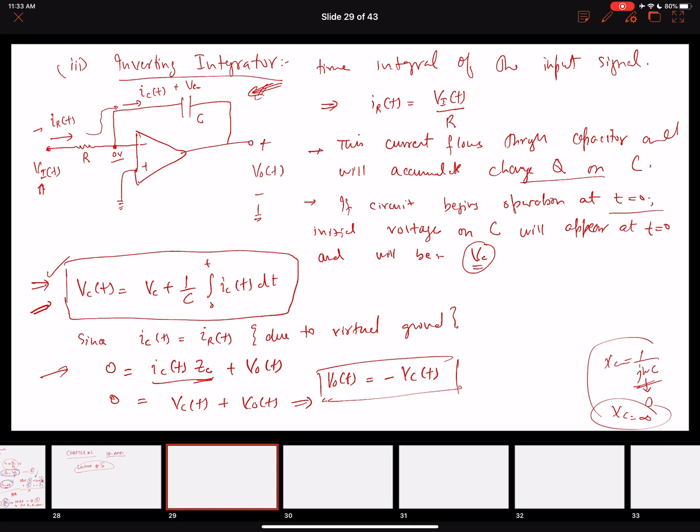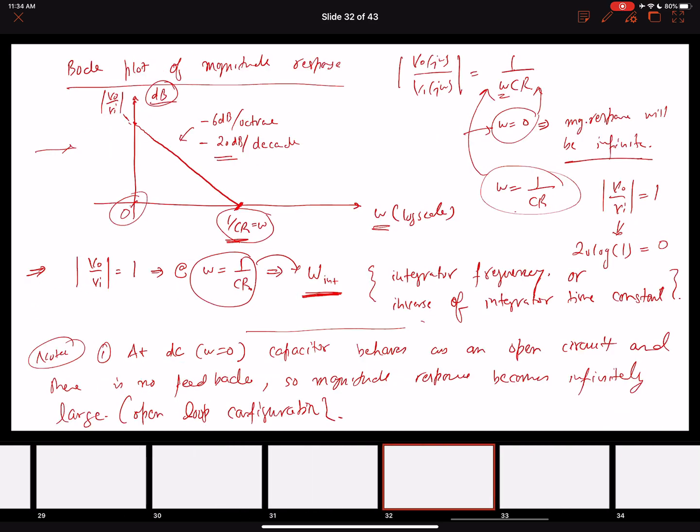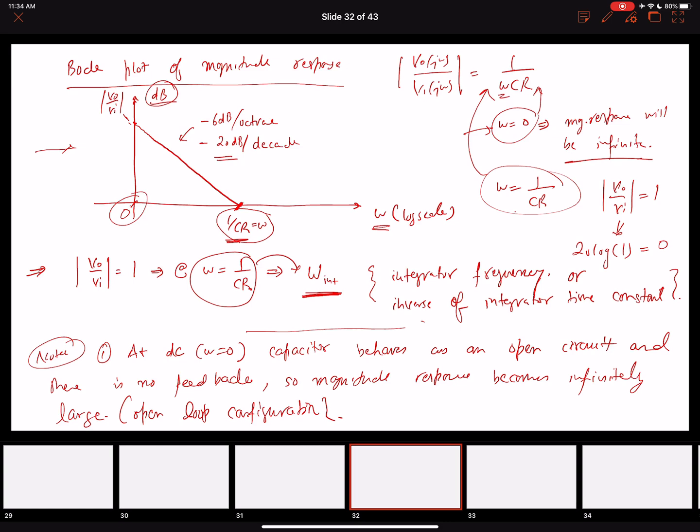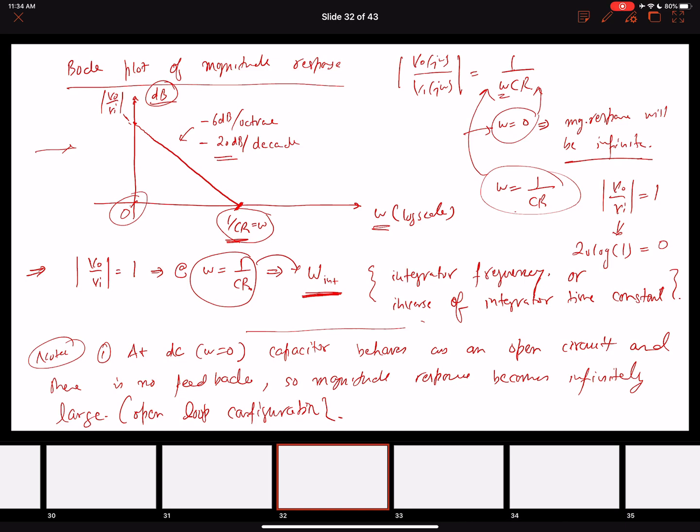So at DC frequencies, or at omega equals 0, our feedback will be lost, and we're not going to have any feedback. We have an open loop configuration, and that is why the magnitude response in the open loop configuration is infinite. However, of course, this is not what we want, so we are going to come up with a solution to that shortly.